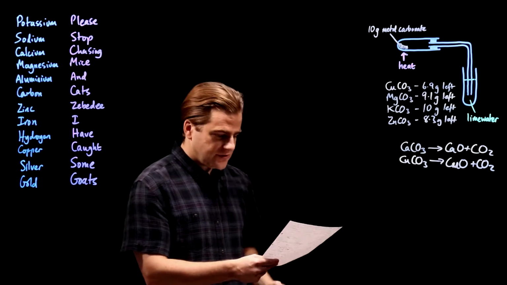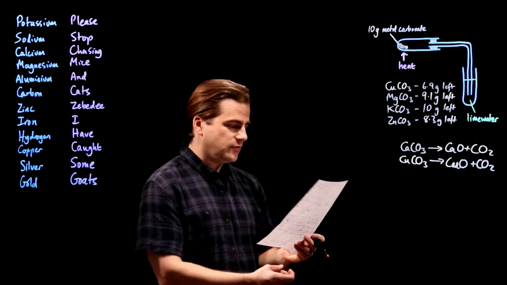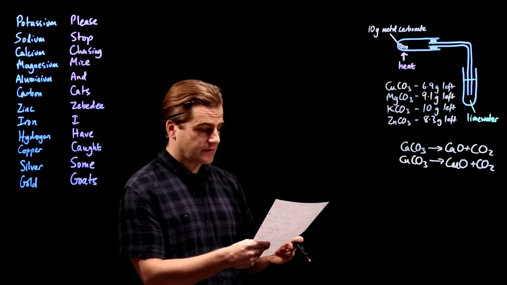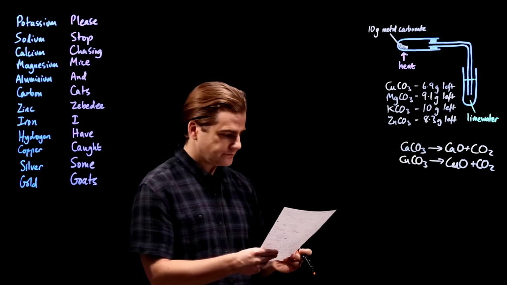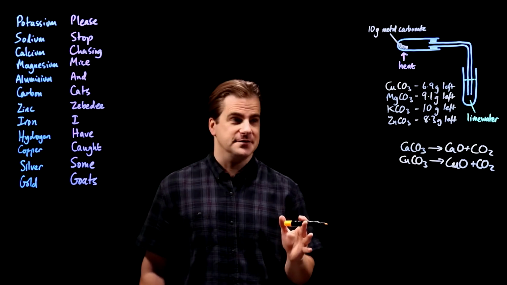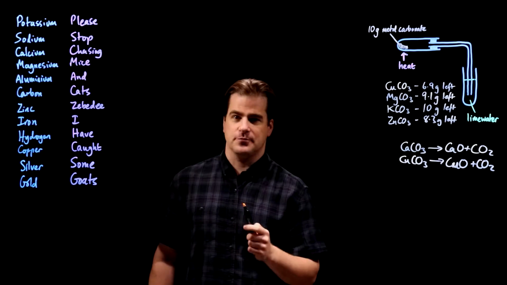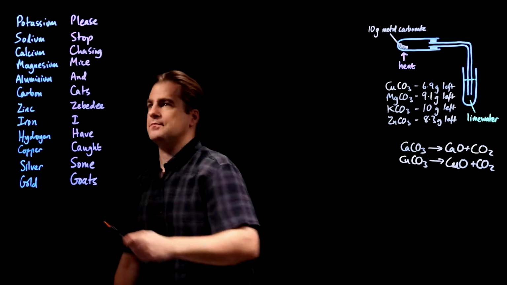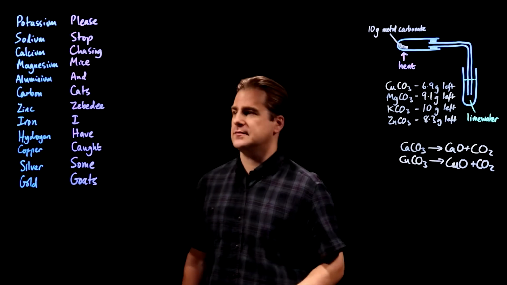Right. Suggest how the reactivity series can be used to predict which metal carbonate reacts most easily when heated. You need to know your reactivity series for this question. So I've written it down here. There it is. Potassium, sodium, calcium, and so on.